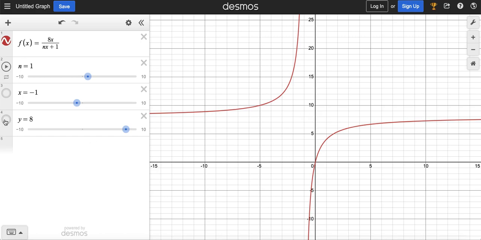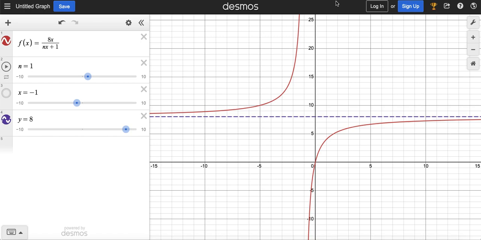If I graph the line y is equal to 8, this will make things clearer. My graph approaches the horizontal line y equals 8. So this is my horizontal asymptote for this graph.